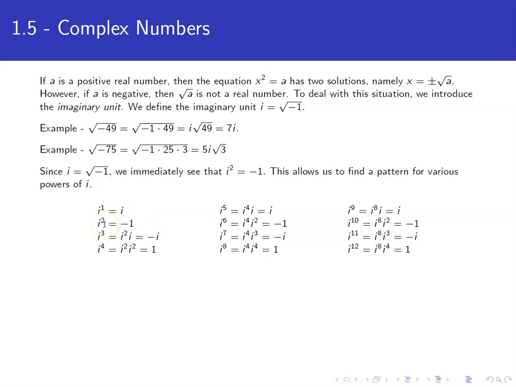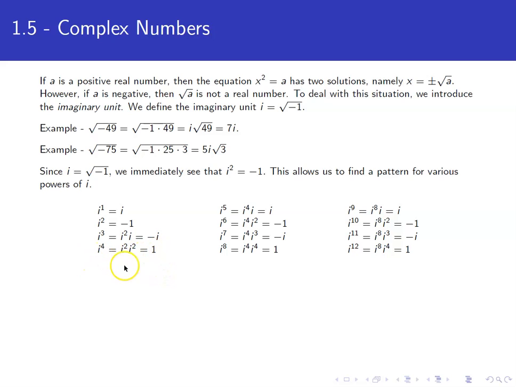We just said that if we square i, we get -1. If we want to consider i cubed, we can rewrite it using properties of exponents as i squared times i to the first. Remember, when you multiply, you add exponents. We just said that i squared is -1, so that simplifies to -i.